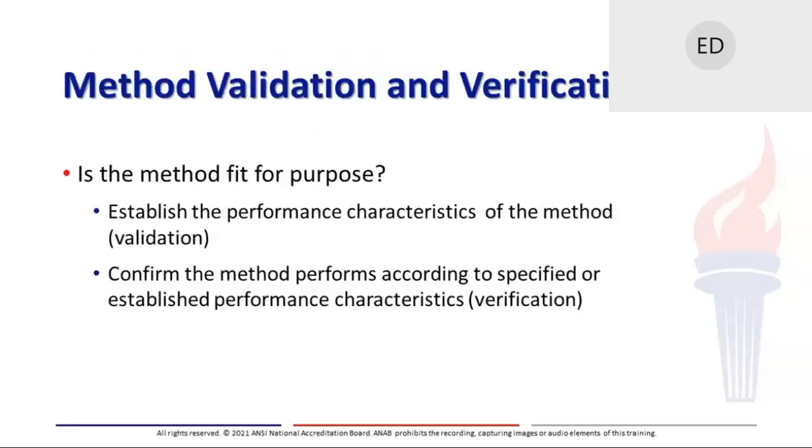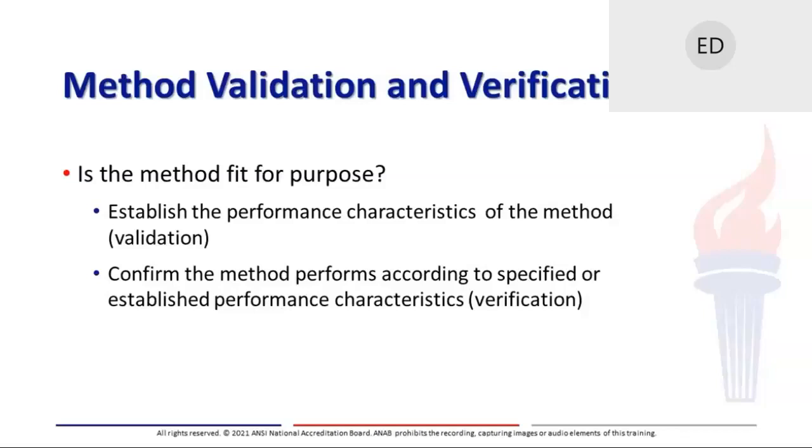For any method adopted or used, whether it be a standard method, non-standard method, or laboratory developed method, we need to determine if the method is fit for purpose. We do that by performing either validation or verification. When you establish the performance characteristic of a method, this is validation. If you are confirming that the method performs according to specified or already established performance characteristics, this is a verification.